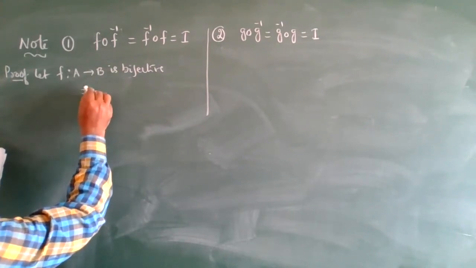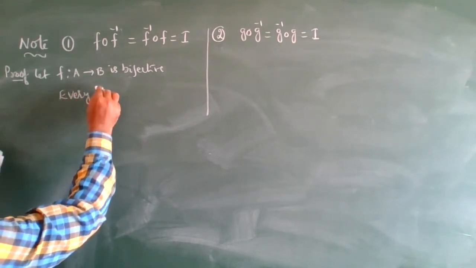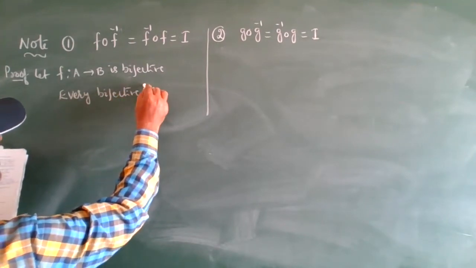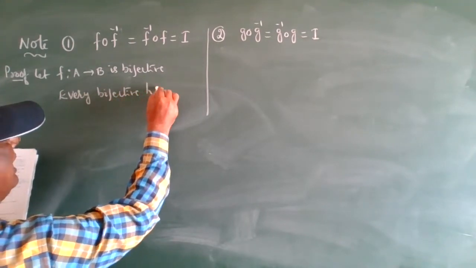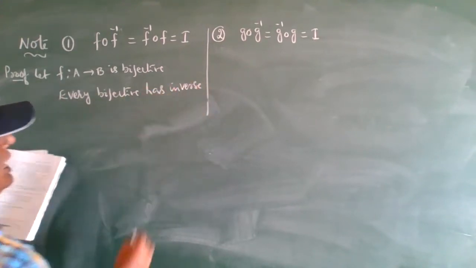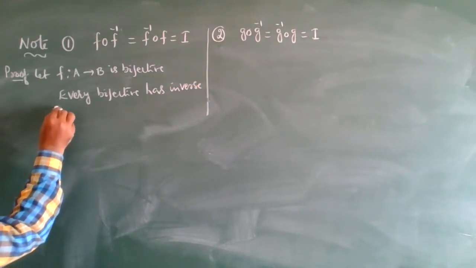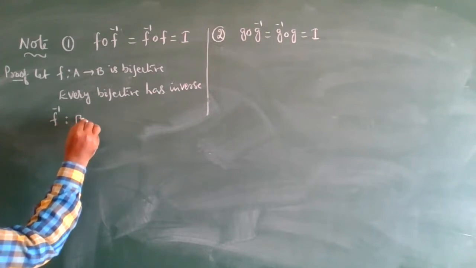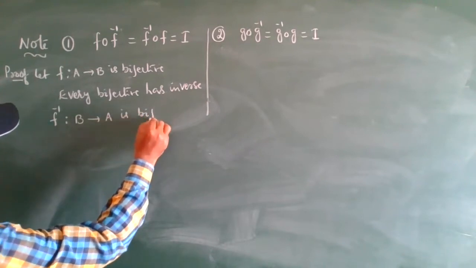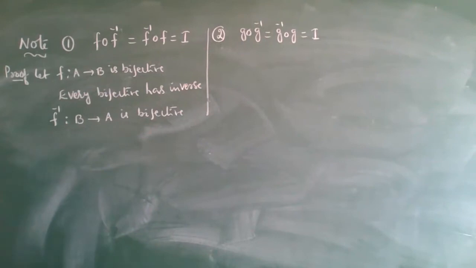Every bijective function has an inverse. Therefore, F inverse mapping B to A is a bijective function.